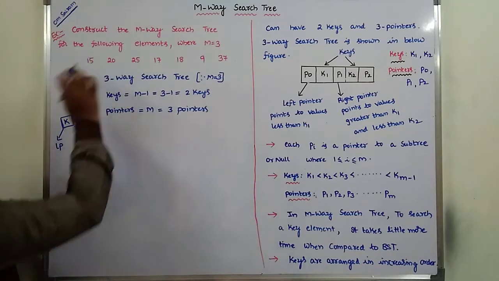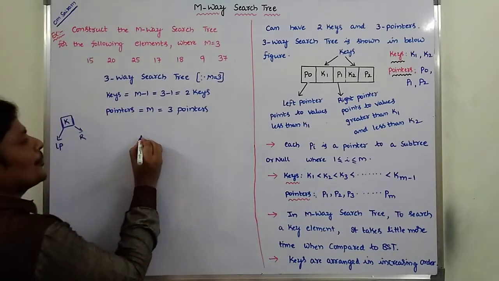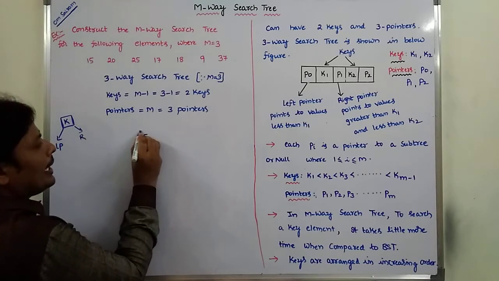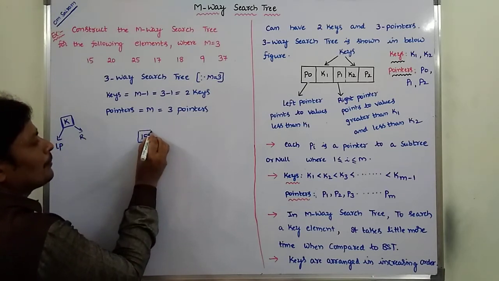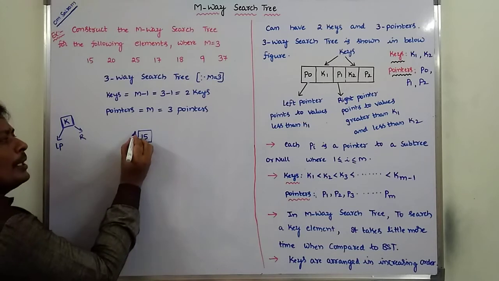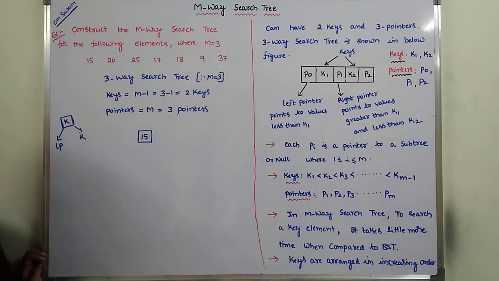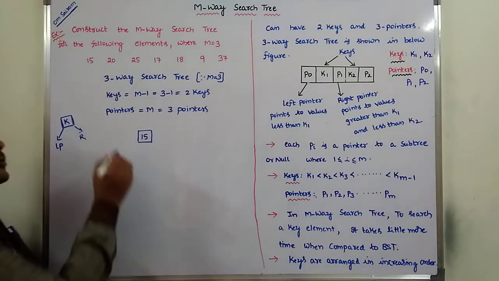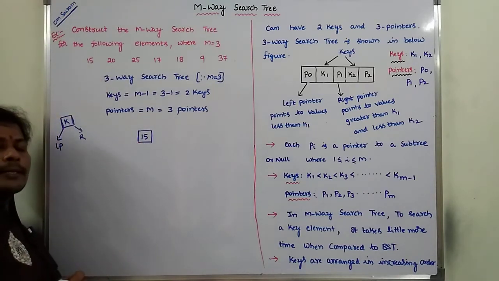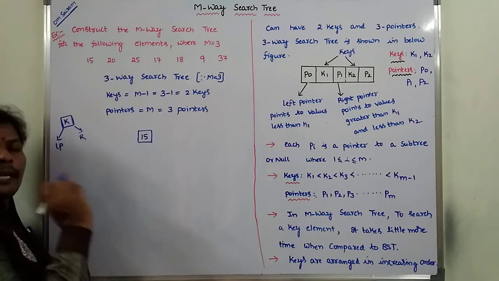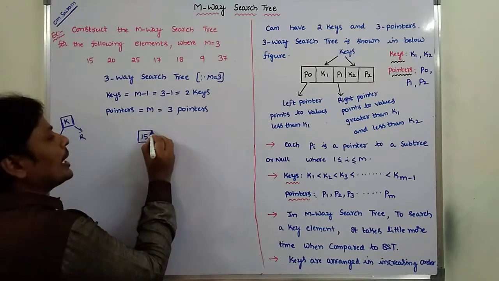Okay, first we are taking 15. So 15 is stored in one node. Now for this node, this is the left pointer and this is the right pointer. Next element is 20. 20 is also stored in this node because each and every node in the three-way search tree contains two key elements.